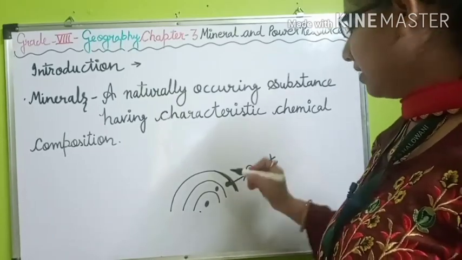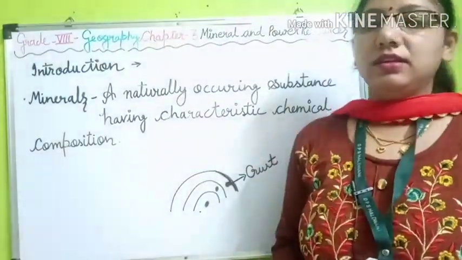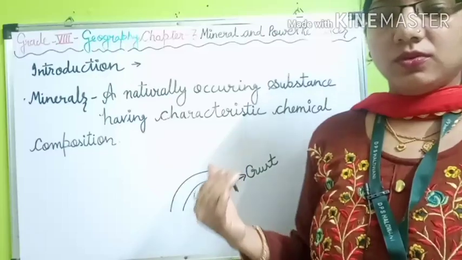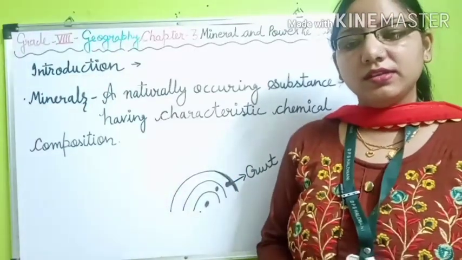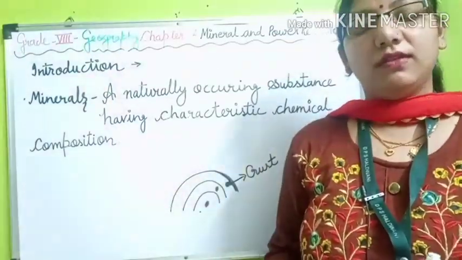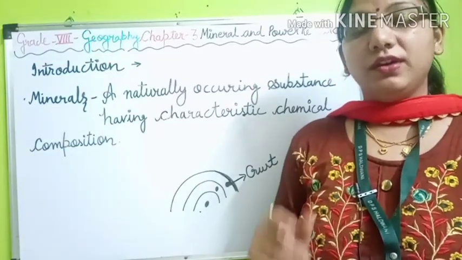So that is the layer where we are getting these minerals. The uppermost layer of the earth is known as the crust, in which minerals are found in buried form.